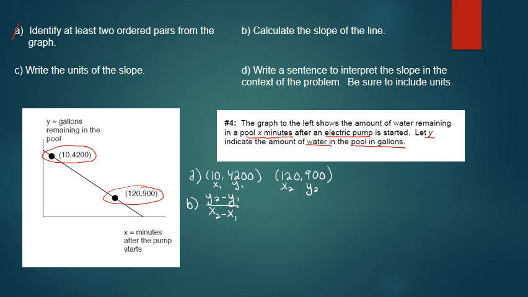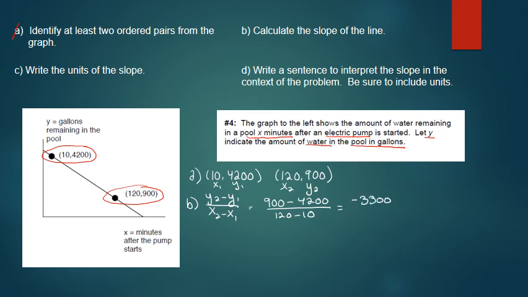So y2 is 900 minus y1 is 4,200 over 120 minus 10.